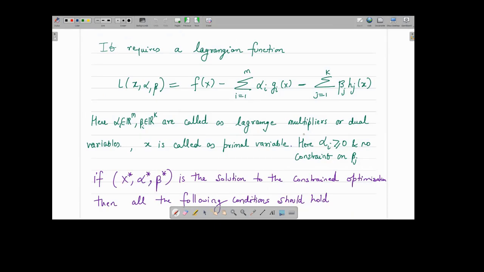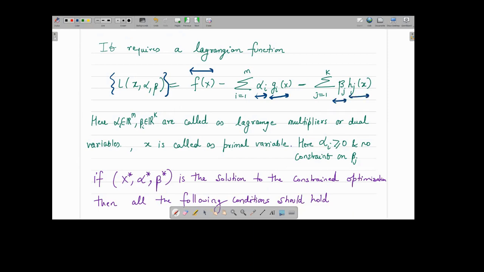So we try to solve this particular optimization problem which I have noted down earlier using the Lagrangian. The Lagrangian is represented as L(x, alpha, beta), and what we do is we use the original function f(x) minus alpha_i times the constraint g_i(x), which we showed in the last objective function, followed by minus beta_j times h_j(x).